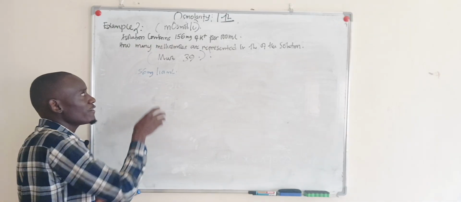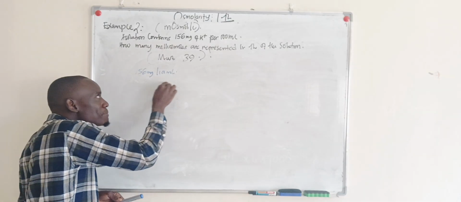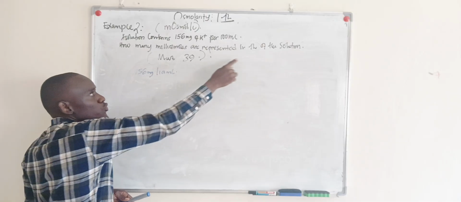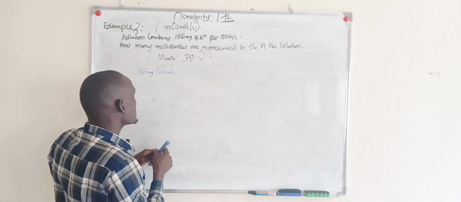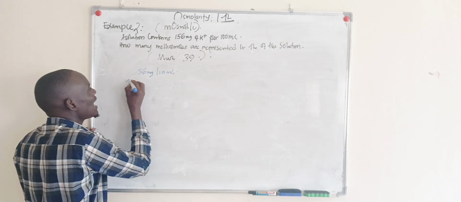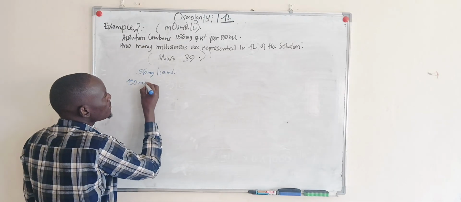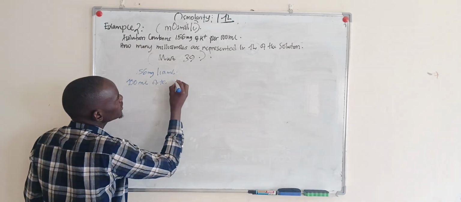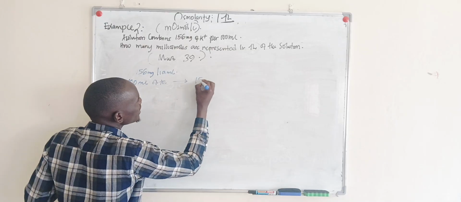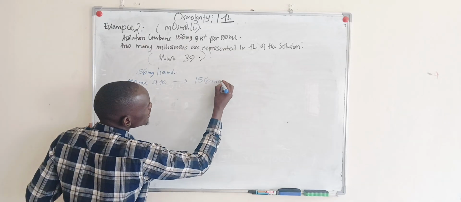So the first thing is to convert this mass into a liter. We know that 100 mils of the solution contain 156 milligrams.